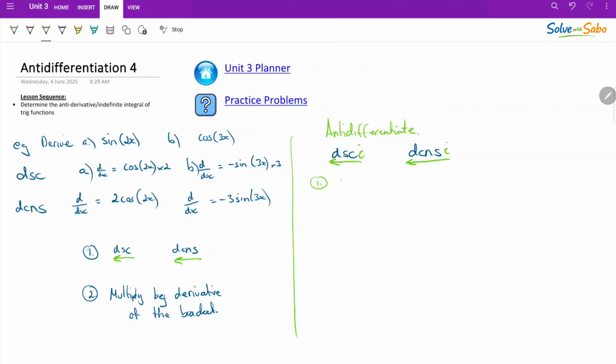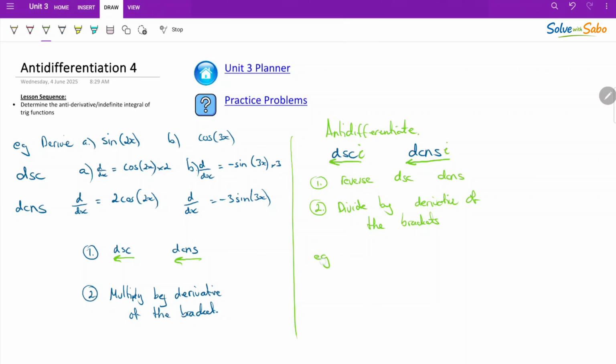So the two steps now are: reverse the derivative of the function, and then instead of multiplying by the derivative of the brackets, we divide by the derivative of the brackets.